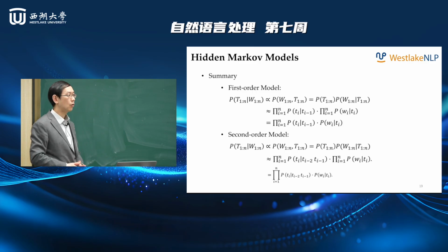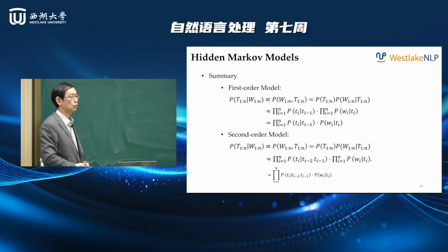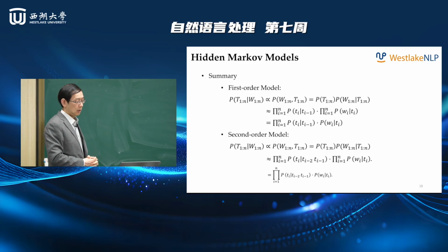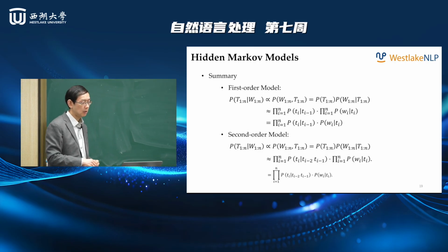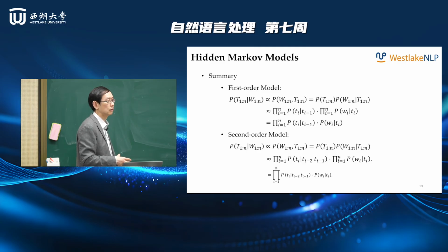For the first order model, like the bigram tag sequence model, the modeling target probability will be equal to the product of 1 to n, right? The tag given its previous tag probability times the word given the current tag.